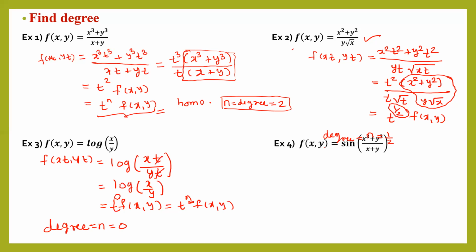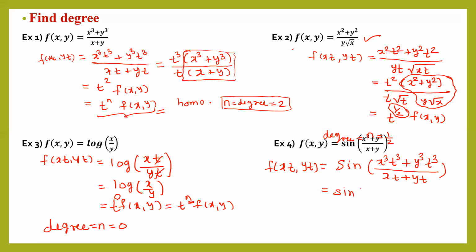Now for this function, replace x by xt, y by yt, and you can see here we have sine of x cube t cube plus y cube t cube upon xt plus yt. Now when you take t cube common, this is x cube plus y cube, and from the denominator when you take t common, this is x plus y.